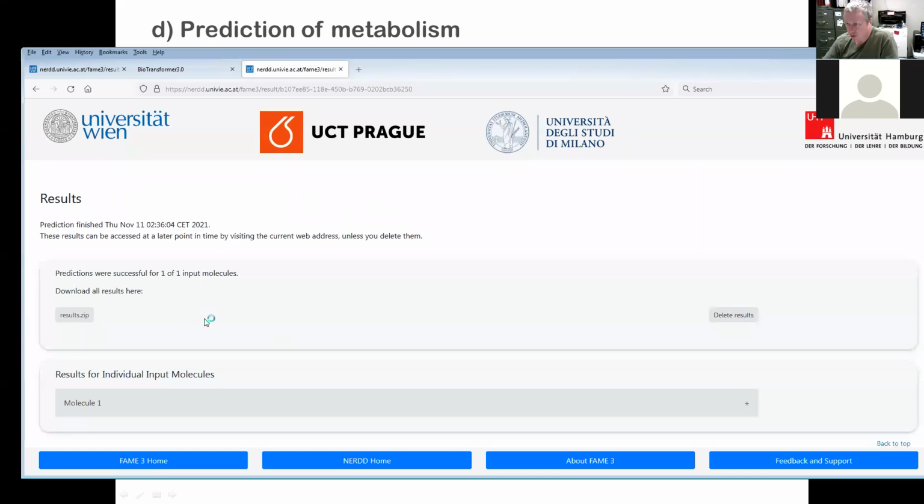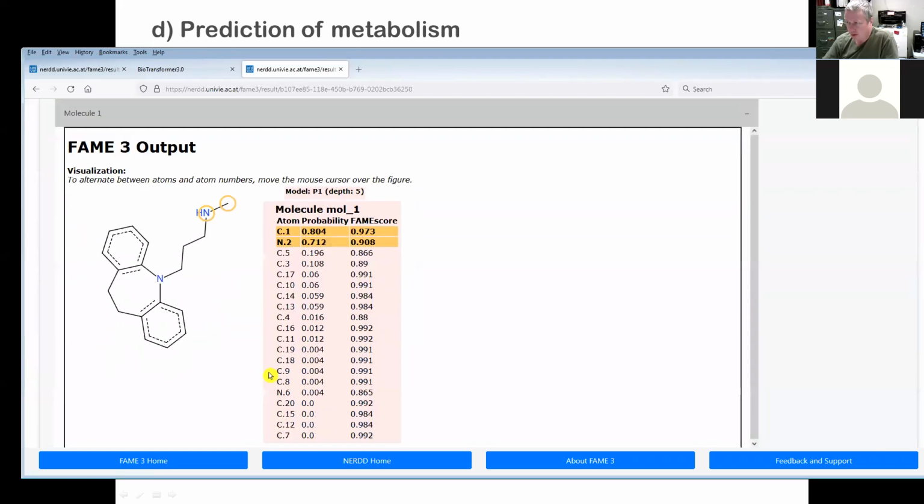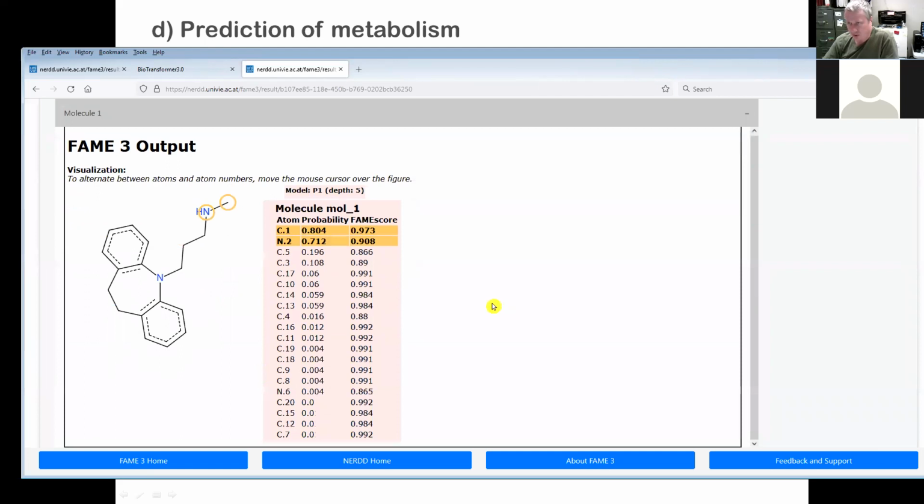Okay, it worked. All right, so molecule 1. So pretty much matches my prediction. And so the probability score is from 0 to 1, and it's basically saying what we were suggesting, that probably it's going to be the terminal carbon or maybe the nitrogen. Both of those are likely to be metabolized. What the metabolite structures are is the other tool, the Glory tool.